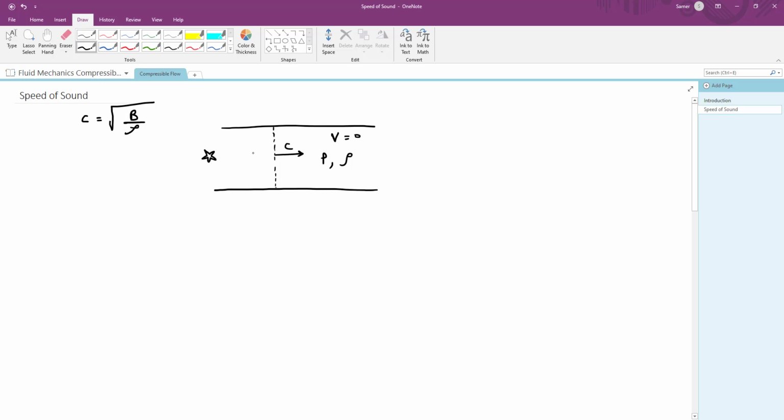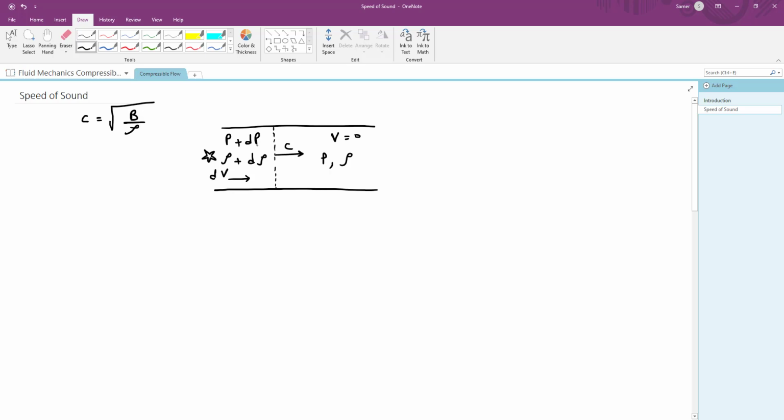To the left of this pressure wave, the fluid will experience a change in its properties. For example, the pressure will be P plus a differential change dP. The density will be rho plus d rho. And also, this pressure wave will cause the fluid to flow at a differential velocity equal to dV.